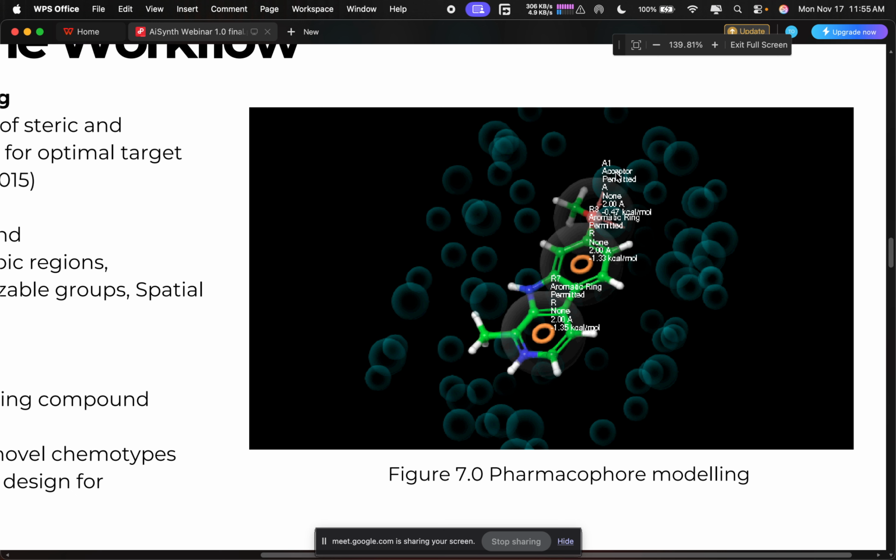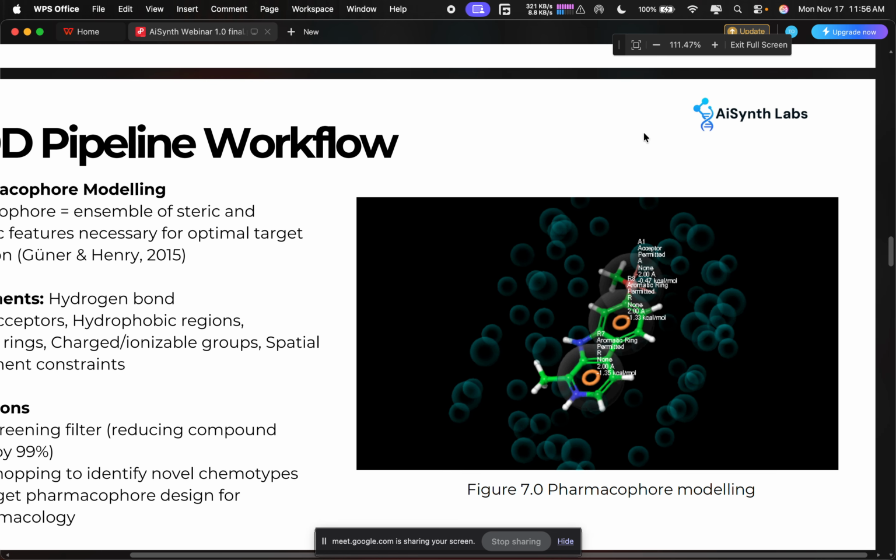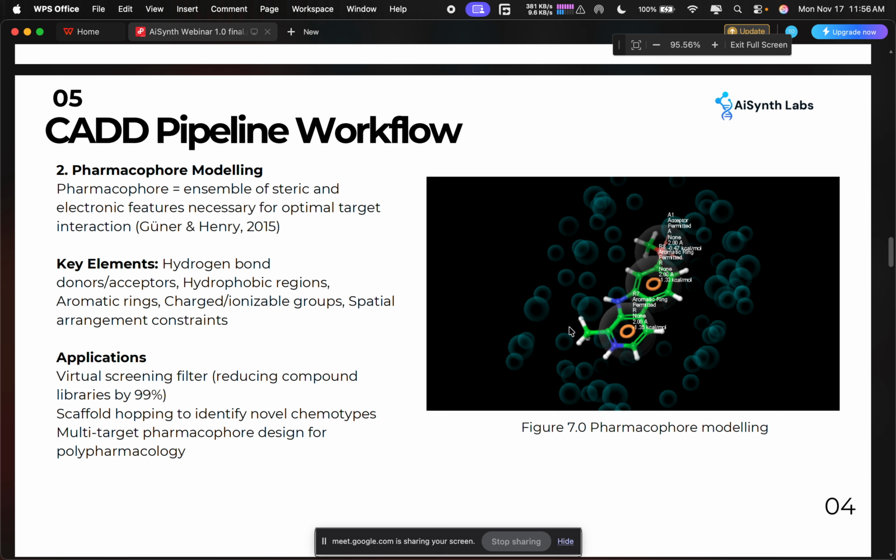The first one is a hydrogen bond acceptor A1, an aromatic ring R8, and another aromatic ring R7. So those are the 3 things that make it. It has 2 aromatic rings that make it possible for it to bind to this protein to elicit any activity at all.